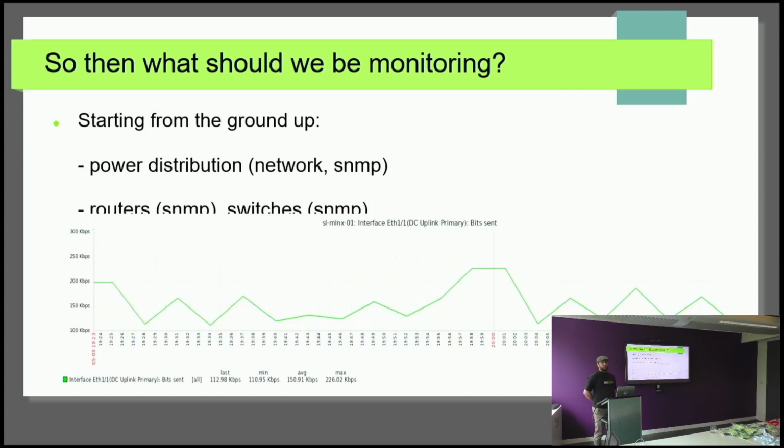Then of course you have your network gear, your routers and switches, and this is just a sample graph from one of our Mellanox switches indicating some traffic rates. Of course, you can have all sorts of triggers connected to these values, should it go too high or too low, or should there be lack of data as well.